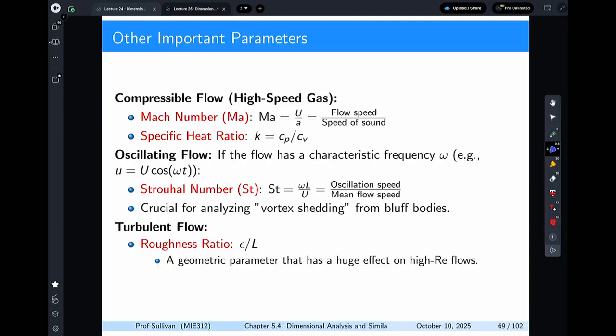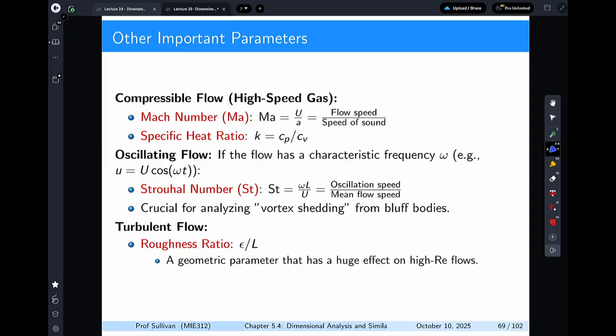In very specific cases, we have Mach number, for very high speed flows, and it's flow speed over speed of sound. You also have specific heat ratio, Strouhal number. My background, I'm doing a lot of work looking at aerodynamic control, and we look at flow past wings.